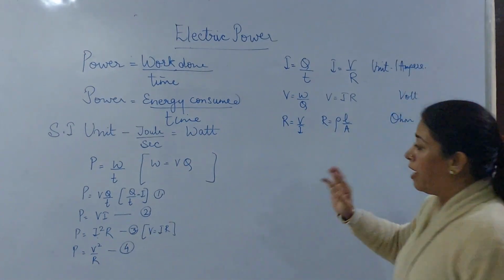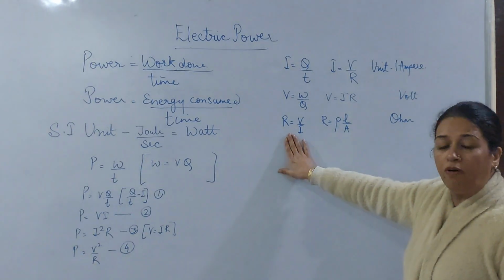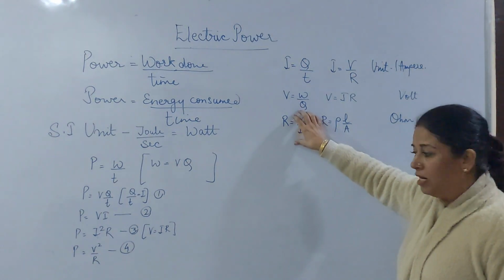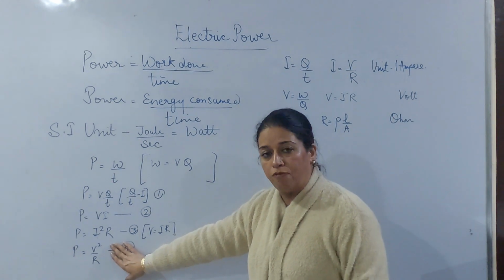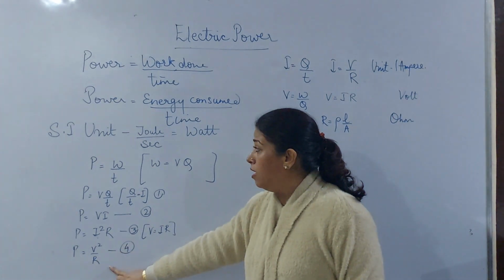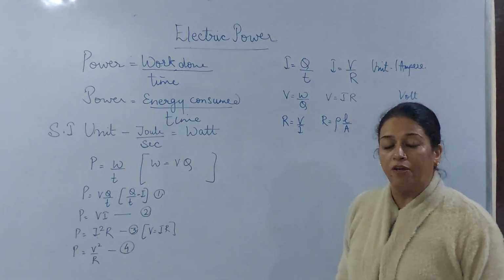And now if I replace R, R as per Ohm's law will become V upon I. So if I put this value of R in the equation above, we get the next formula for electric power, that is V square upon R.